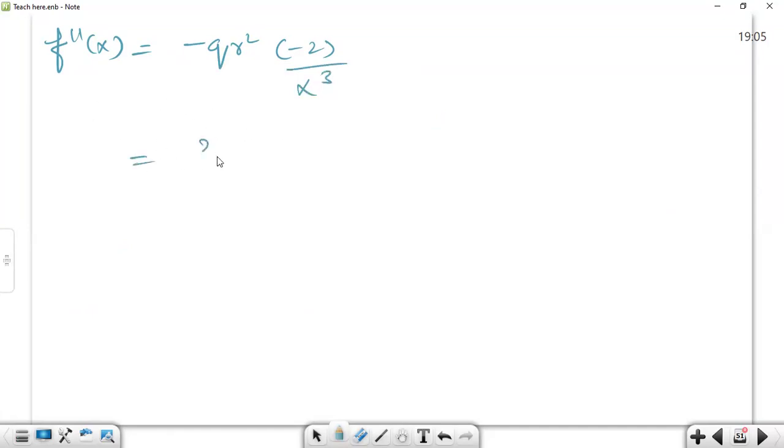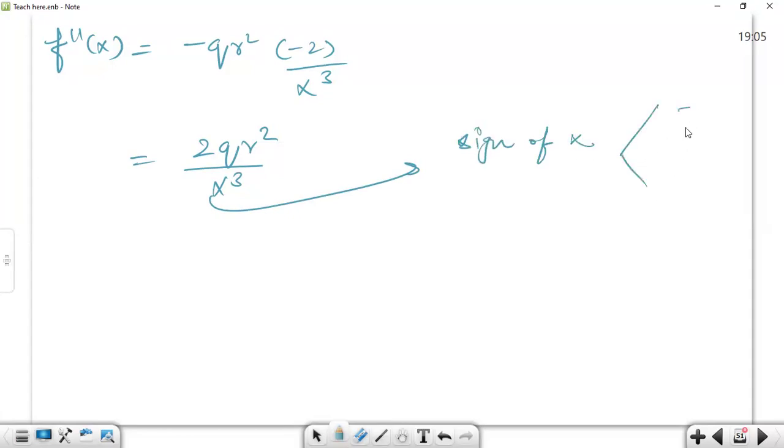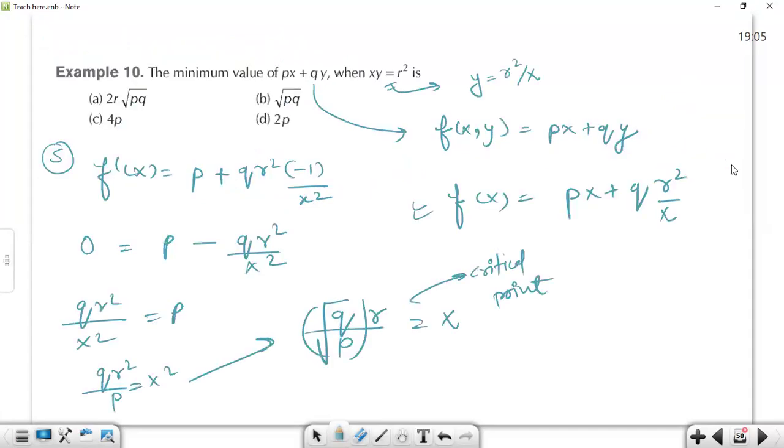So this is 2 q r squared upon x cube. Whatever the sign of x would be, it will decide the fate of the function, whether it is going to be a minimum or maximum. As given in the question, we have to find the minimum value.